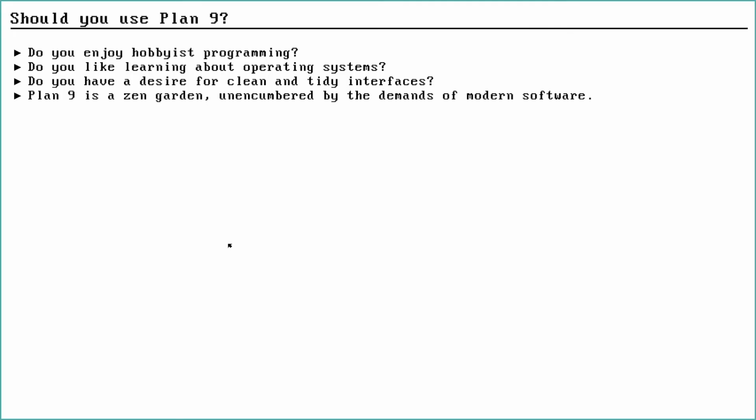Of course, it's not all programmers. We do have users that are less technical and more user focused, that don't necessarily write code for the system. And that's not me. I can't really speak to that experience, but there seems to be a desire there for clean and tidy interfaces.